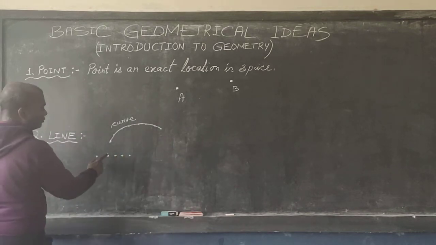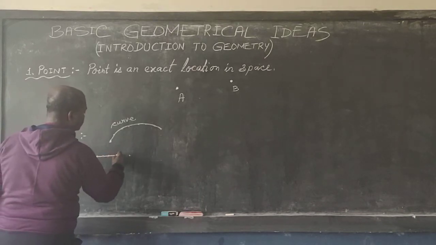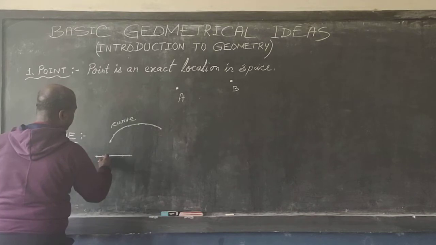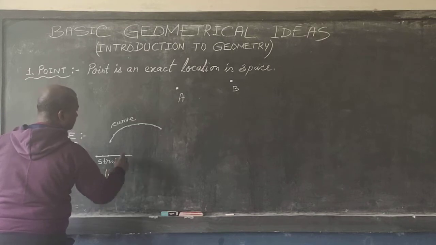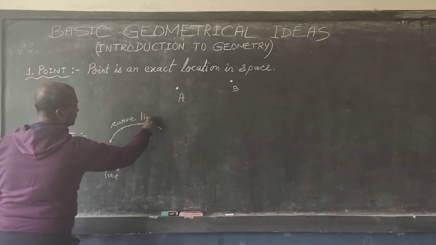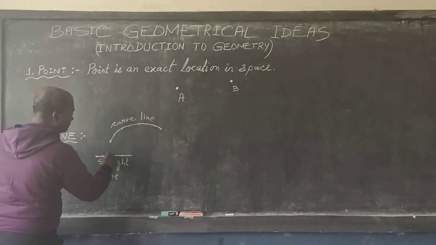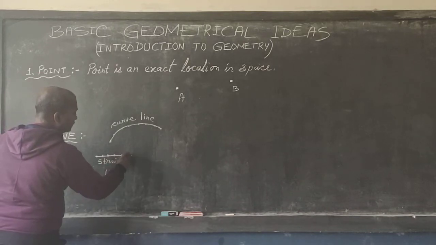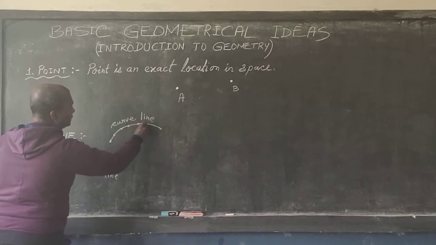Here, I have drawn 1, 2, 3, 4, 5, 6 points. If I join them, I get a straight line. This is a curved line. This is a straight line. Whether curved or straight, these lines can be thought of as made up of points.